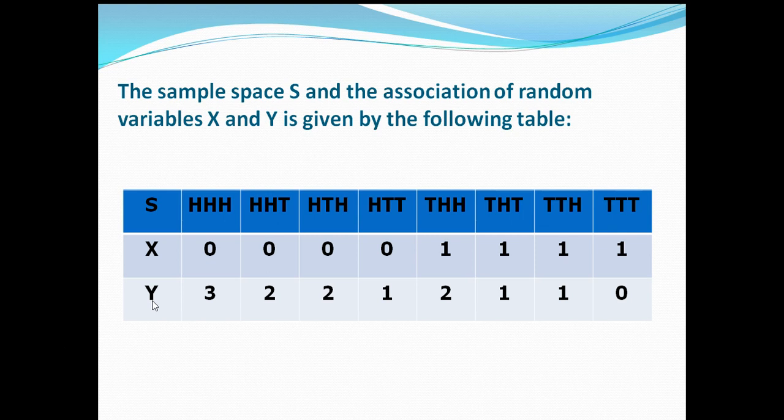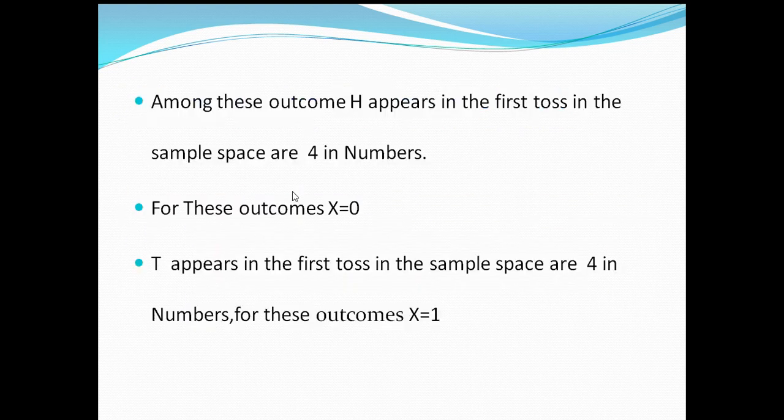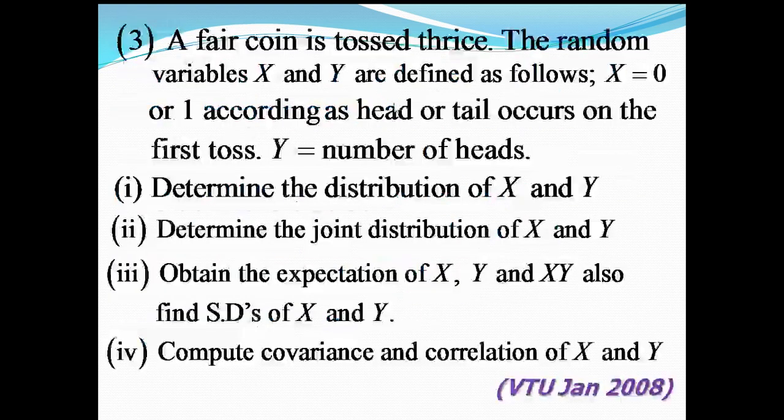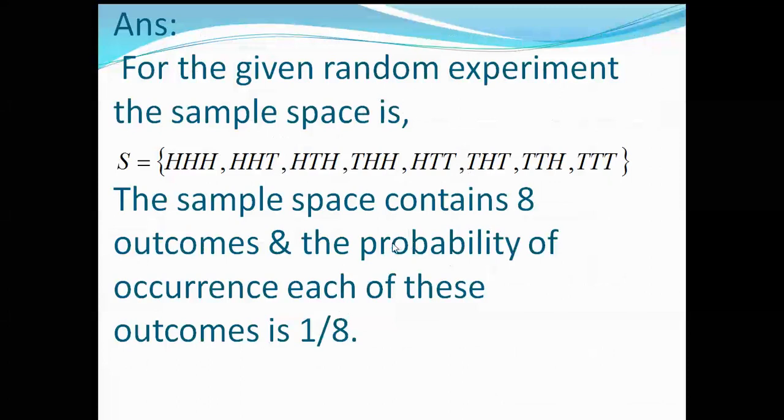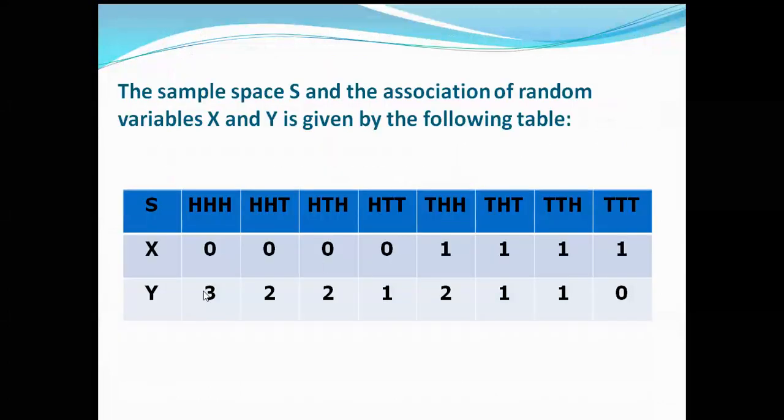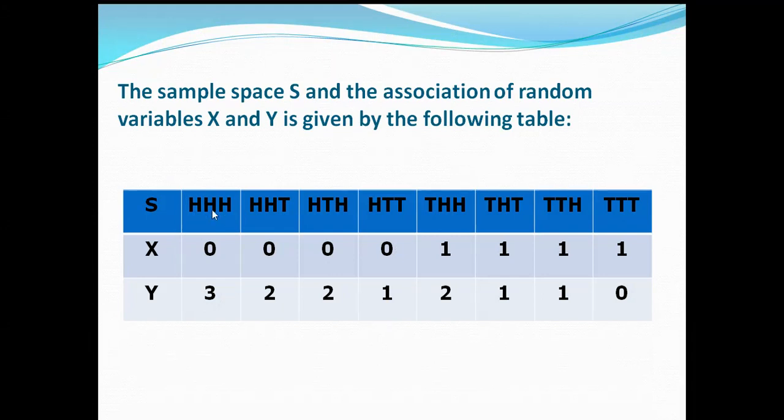And Y takes the value, as given in the question, the number of heads. Therefore we have to see how many heads there are in each outcome. So here 3 heads, in this case 2 heads, in this case 2 heads, in this case 1 head, in this case 2 heads, in this case 1 head, in this case 1 head, and here there is no head, therefore it is 0.